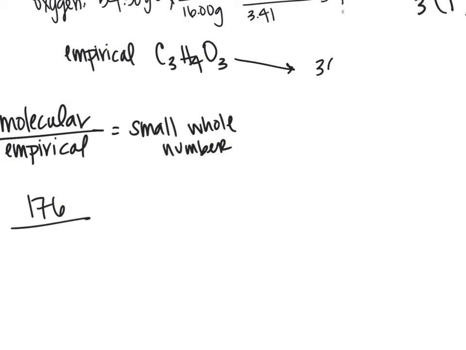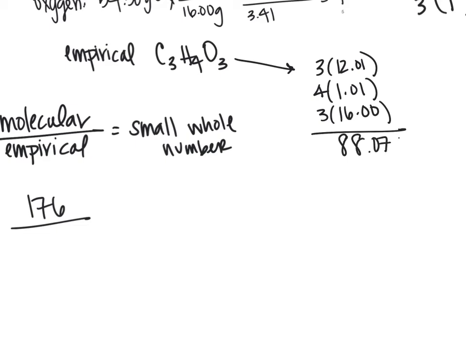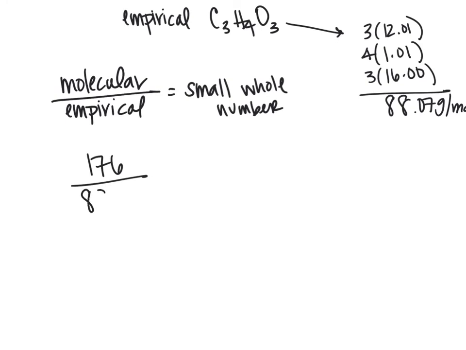So that's going to be 3 times 12.01, 4 times 1.01, and 3 times 16.00. And so what we're going to get here is 88.07 grams per mole. So we can take 176 grams per mole divided by 88.07 grams per mole, and this is going to equal 1.99, which is really, really close to 2.